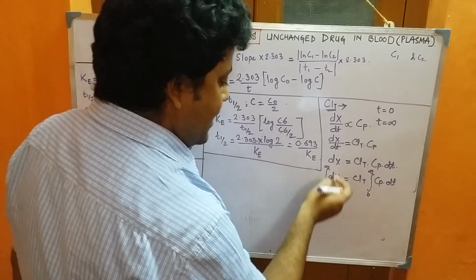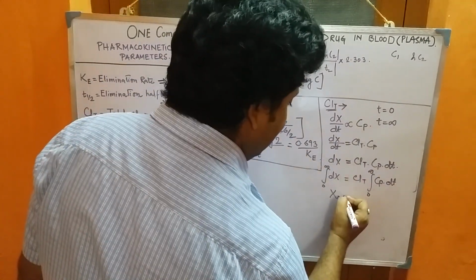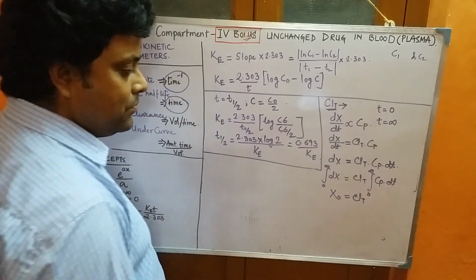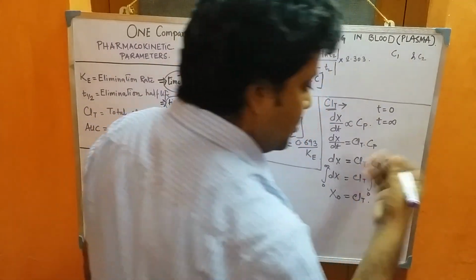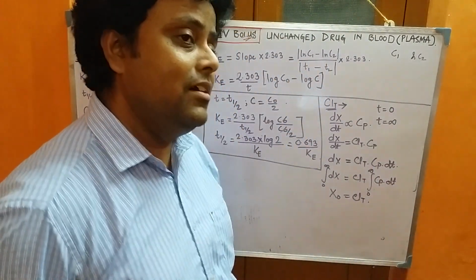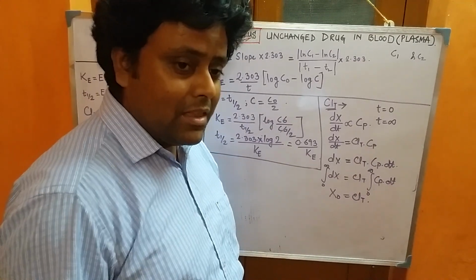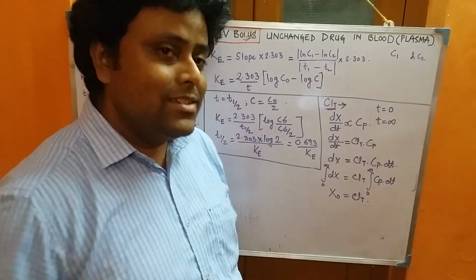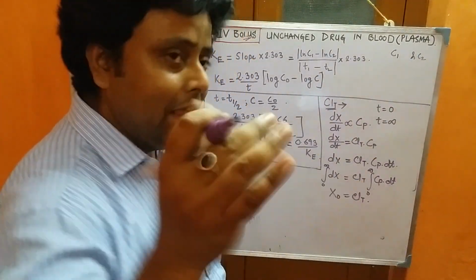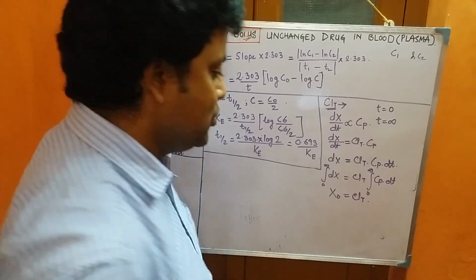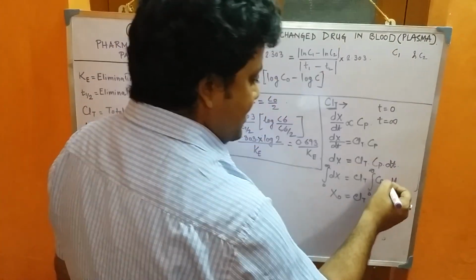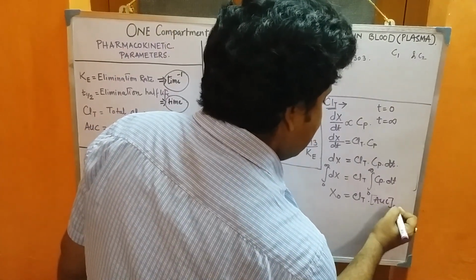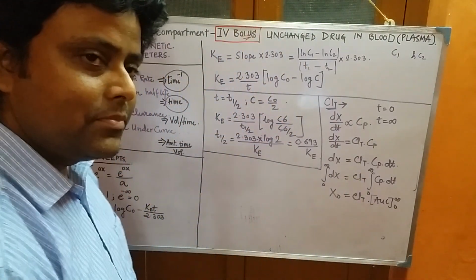So we can write the total amount of the drug X naught equals CL into T. And in my previous video on this channel, I have derived the AUC separately. Probably you can go through it, the link will be provided with this discussion, and that says CL·T is nothing but AUC 0 to infinity.